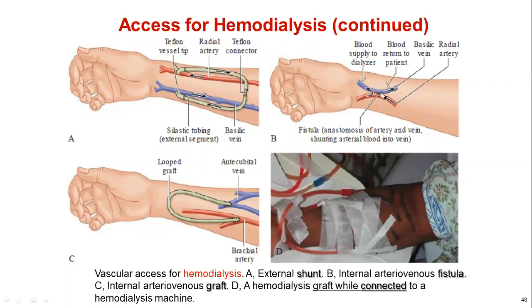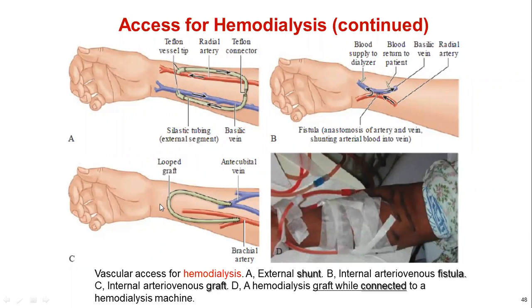In picture number 2, there is no external synthetic or cow carotid artery used, just artery and vein joined together, and this is called an internal fistula or internal arteriovenous fistula. Arteriovenous means an artery joined with a vein together to make a fistula.